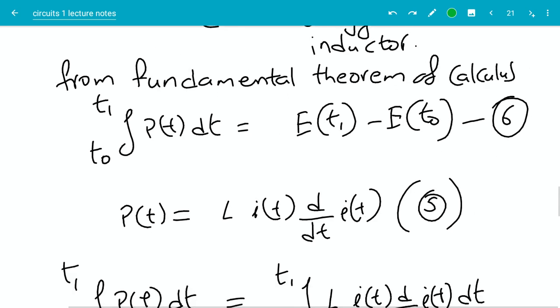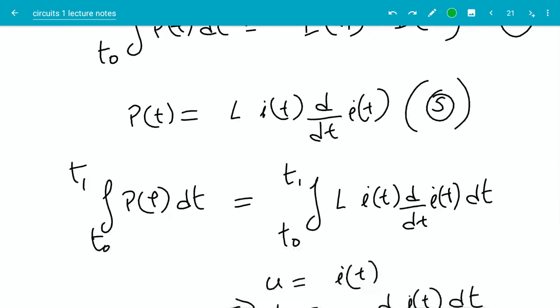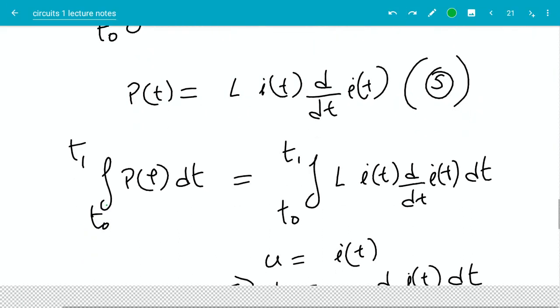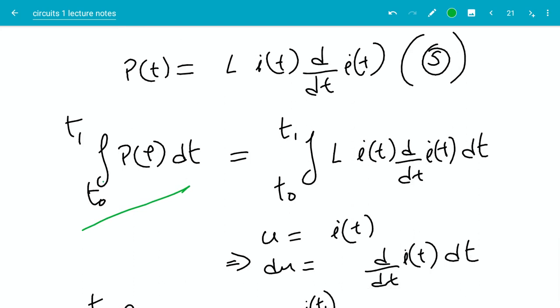I'm going to repeat equation 5 here again. The power is expressed in terms of current. Okay, now I'm going to integrate both sides from T0 to T1. Okay, and then the left hand side is just that integral over there, and the right hand side I'm taking this and then integrating from T0 to T1, and I get this.